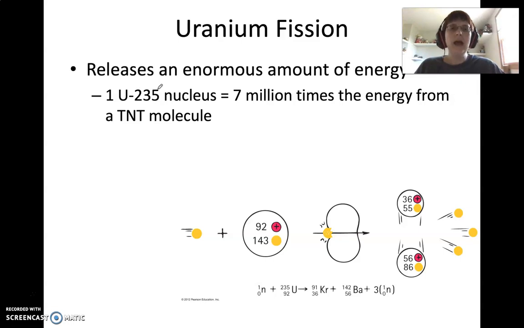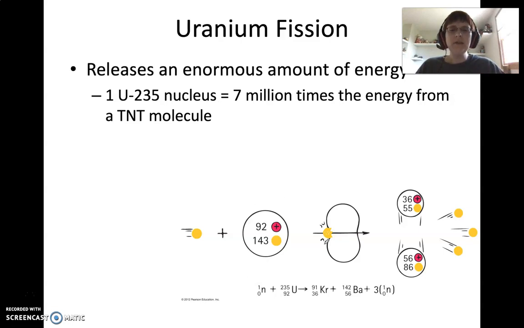One individual atom of uranium-235 has 7 million times the energy of a TNT molecule. So remember TNT, that's like dynamite. And so if we have fission occur in one uranium-235 molecule, that's going to give us 7 million times the energy that you get from a TNT molecule. So you can imagine this is a lot of energy.